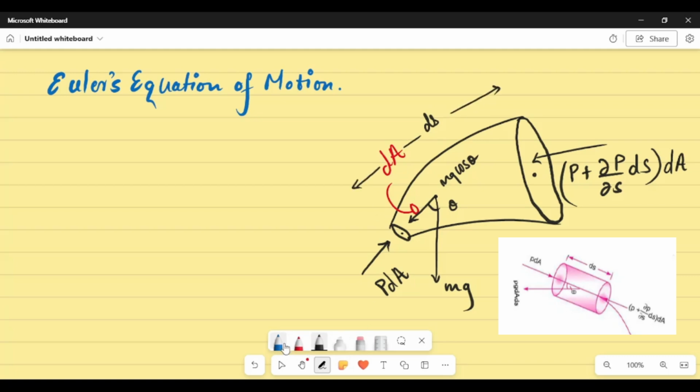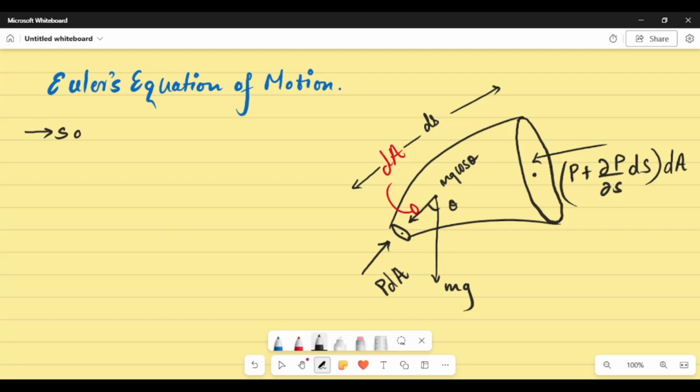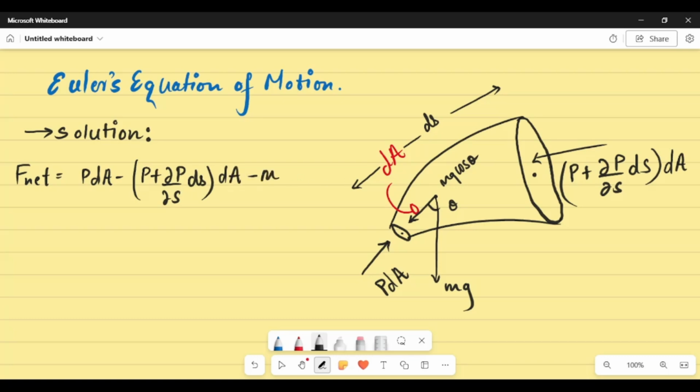All right, so how do we proceed now? First of all, we need to write the force balance equation. The net force F acting on this body is given by PdA minus P plus del P by del s ds dA, minus the gravity component mg cos theta.